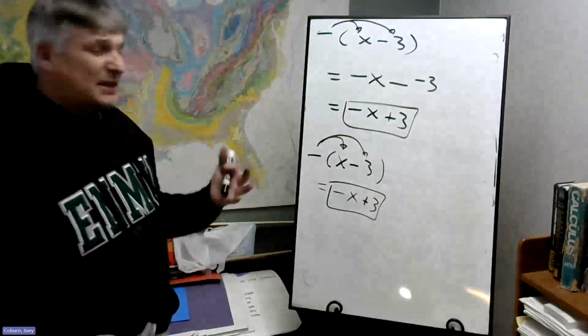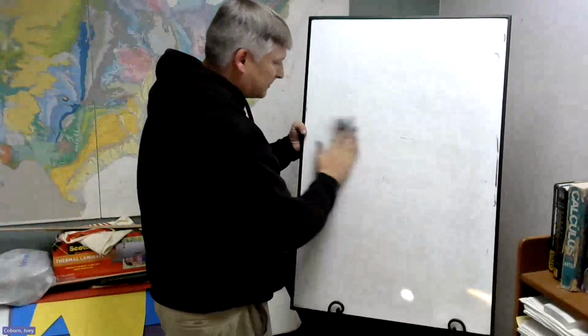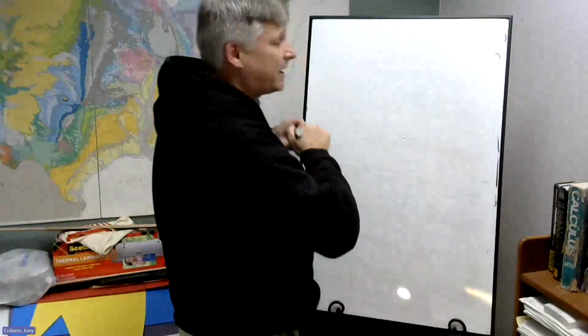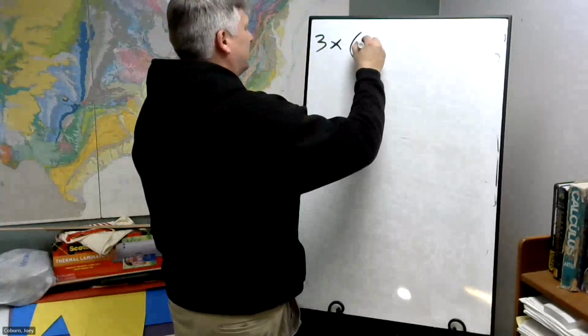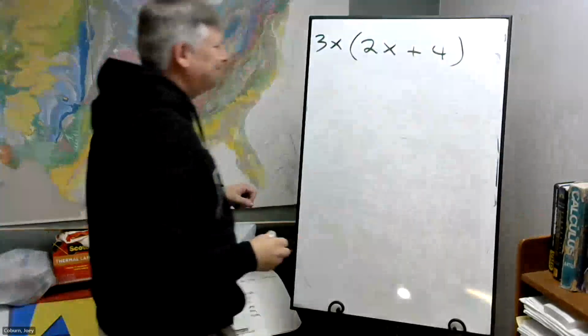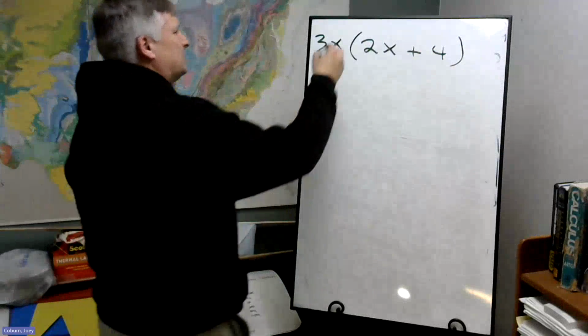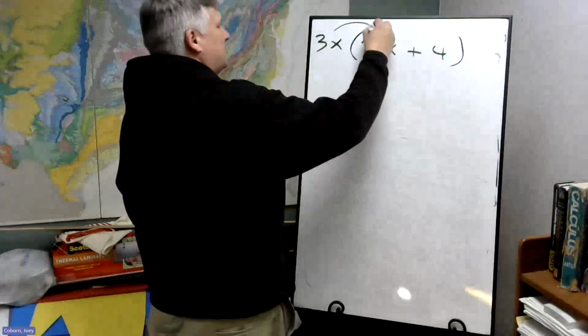So the last thing I want to point out with distribution, variables and numbers. Suppose we have this. Let's call this, yeah, we'll leave it like that. Distribute the 3x.